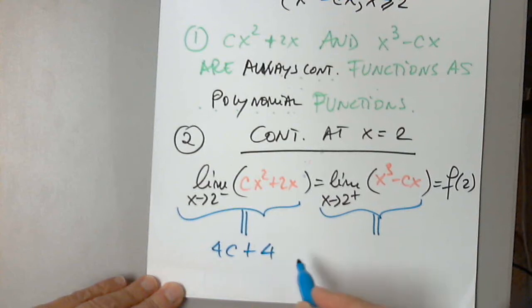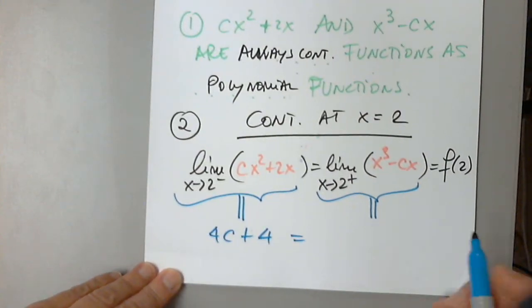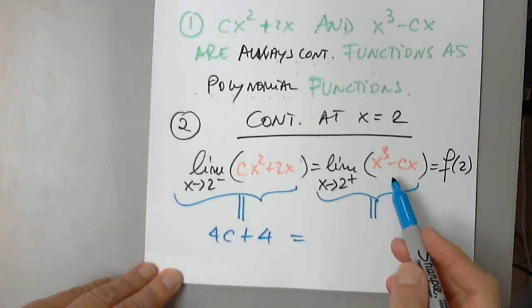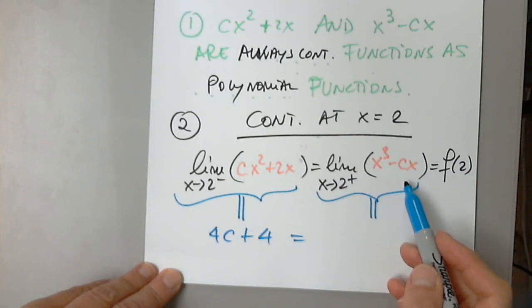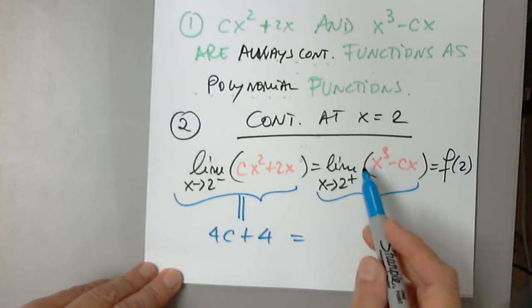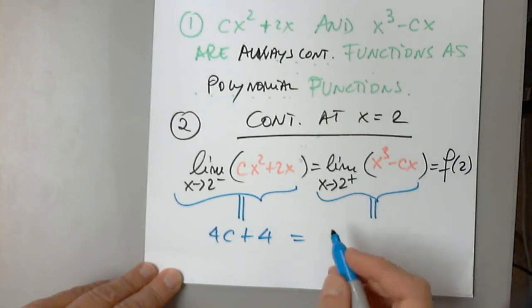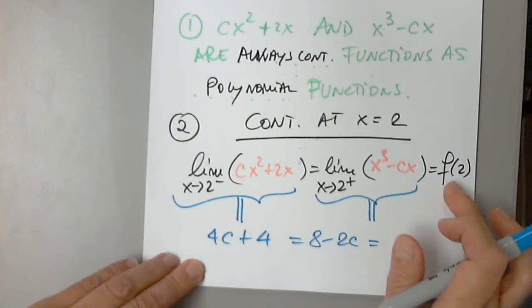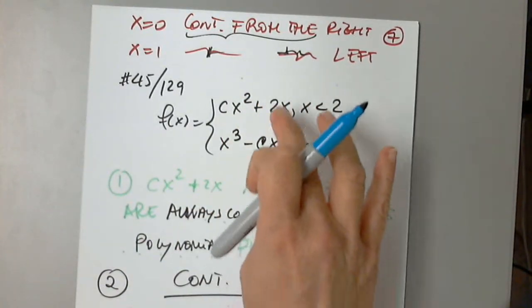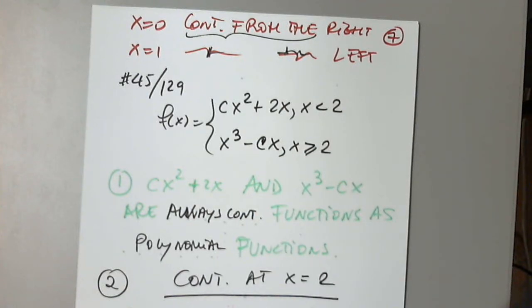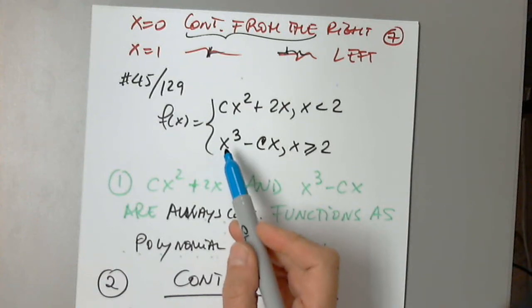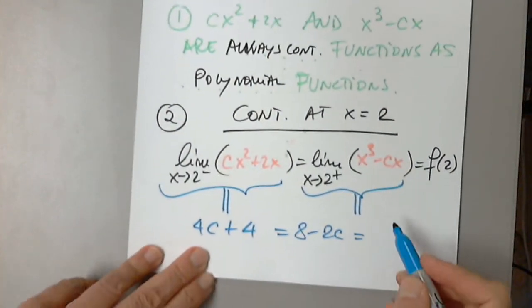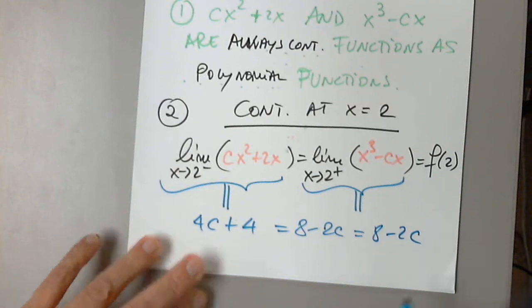Very good. 4c plus 4 must equal 8 minus 2c, which must equal f of 2. Which branch will you use for f of 2? You can only use one. Very good. So 2 minus 2c, 8 minus 2c.